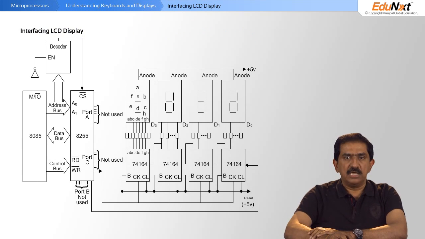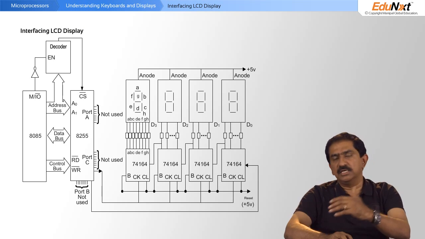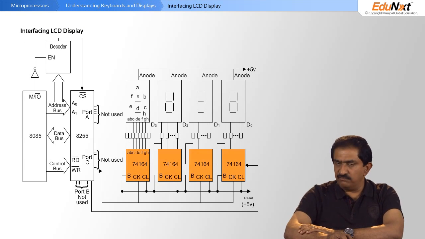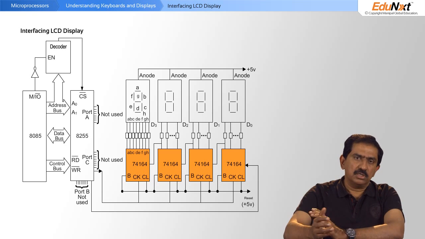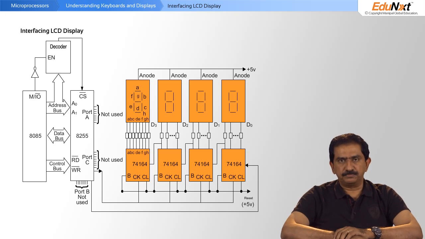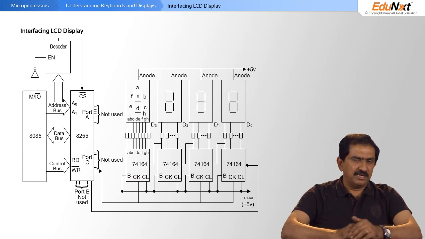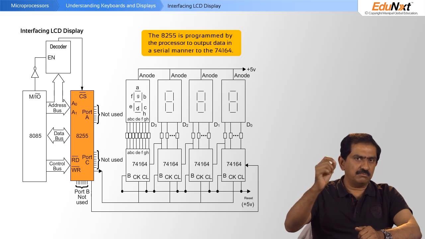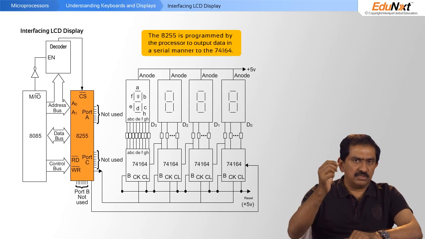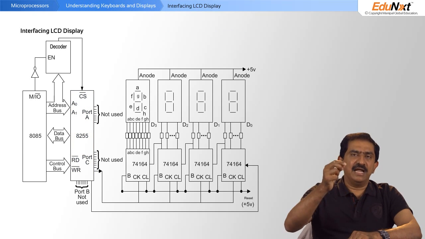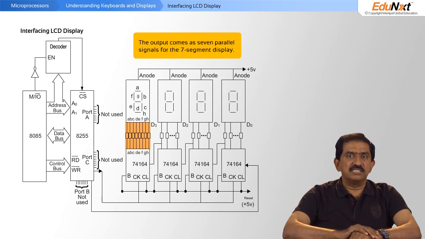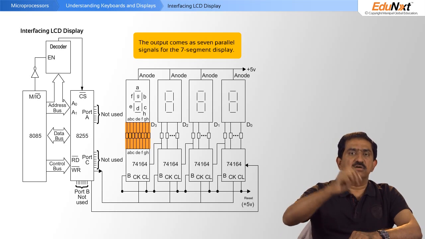Based on what is required, the processor outputs to what is called the 74164 serial in parallel out decoder. This decoder takes a series of bits from the 8255 and feeds it into the data input of the 74164, and the moment it is fed in, it comes out as 7 parallel signals for the 7-segment display.